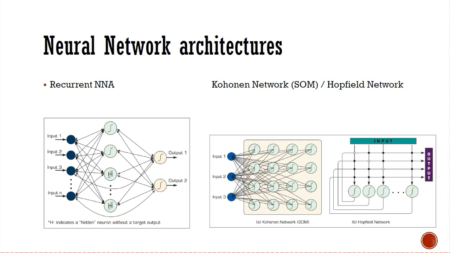Hopfield networks, which is the one on the right, is another interesting neural network architecture first introduced by John Hopfield in 1982. Hopfield demonstrated in a series of research articles in the early 1980s how interconnected networks of nonlinear neurons can be extremely effective in solving complex computation problems.